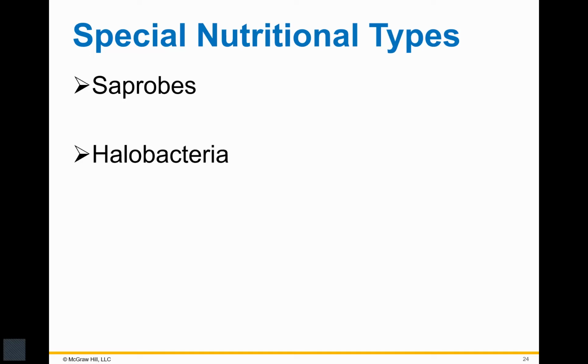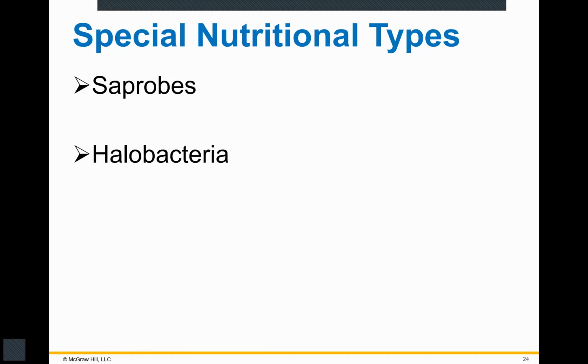Now let's look at some other special nutritional types that are very unique for some microbes. So we'll look at two classes, saprobes and halobacteria. Saprobes live on decaying organic material. So for example, fungi is a saprobe. It can decay leaf litter or materials. And we can also have halobacteria.